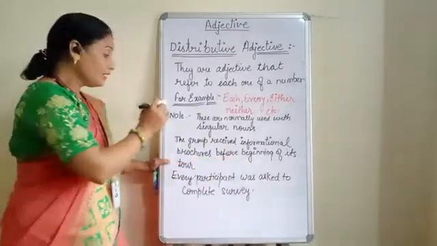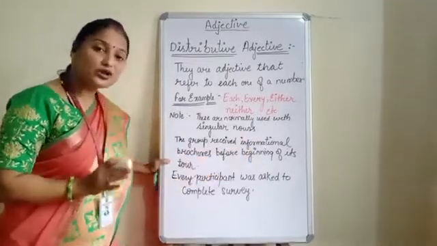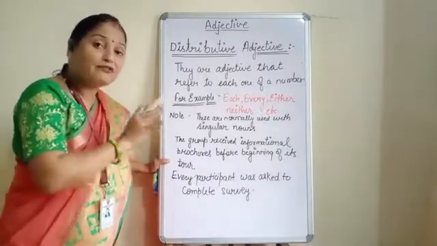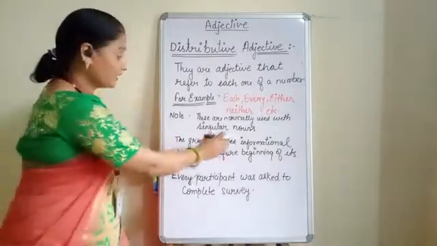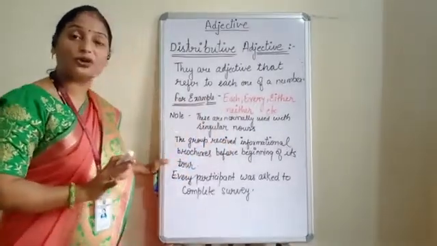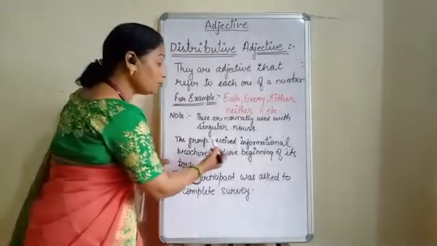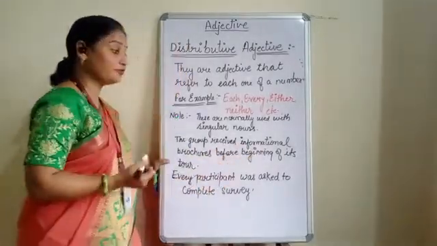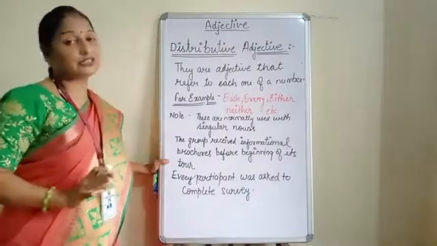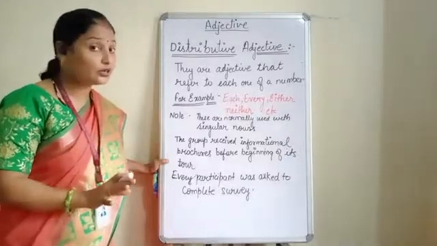While reading this statement, it is not clear at all whether everyone in the group has received some information or not, because the sentence is written as the group received informational brochures before the beginning of its tour. Only the group has received. Whether everybody in the group has received or not, it is not clear.